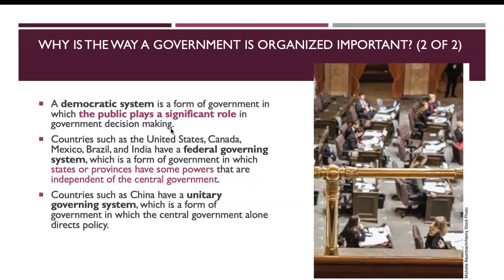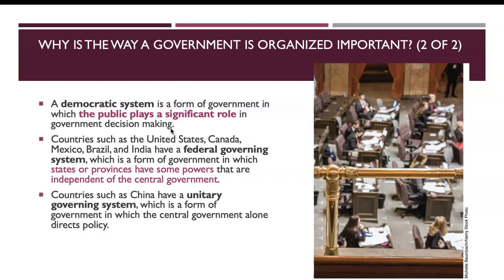The democratic system is a form of government in which the public plays a significant role. So limited government means the government has limited power, okay? And the majority of the power is with the public.